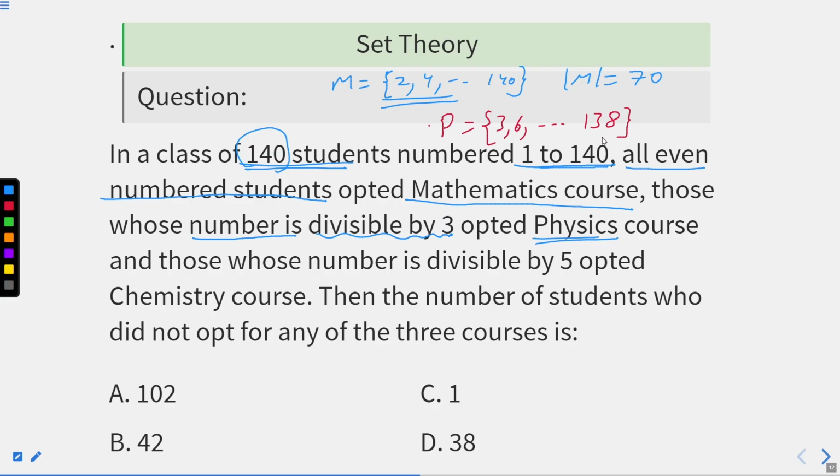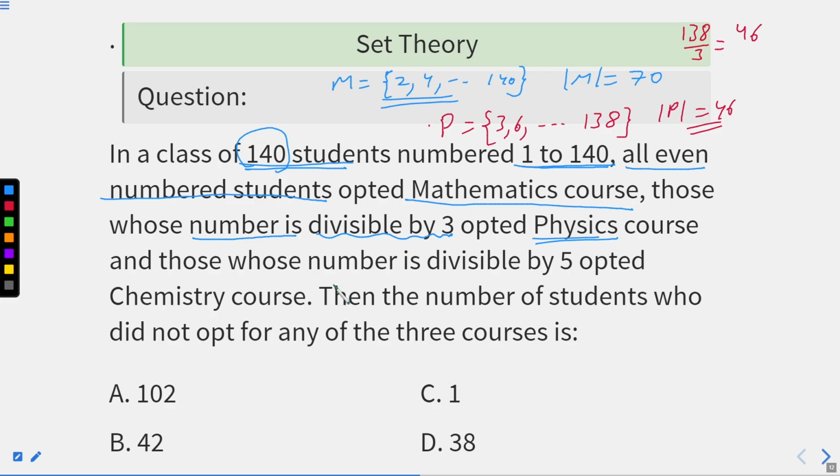Now what is the cardinality? If you divide 138 by 3, the answer is 46.